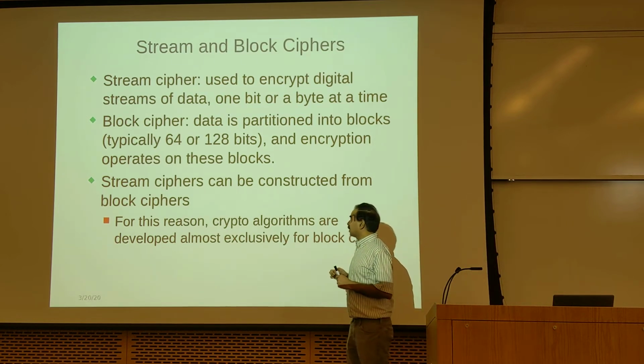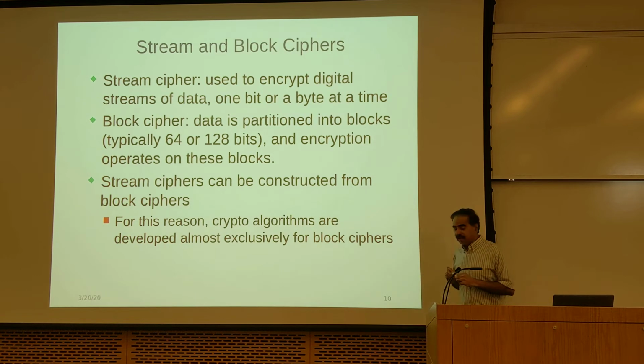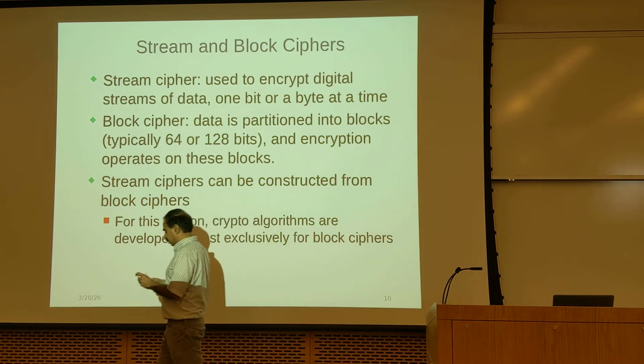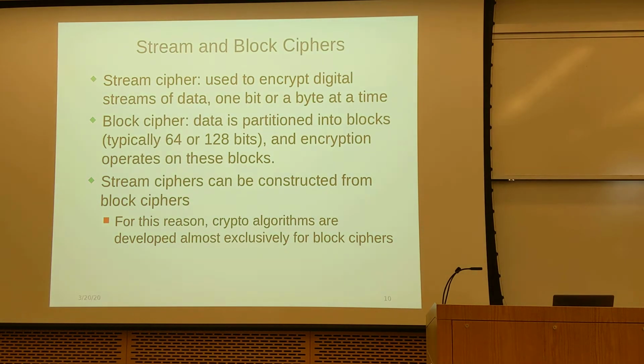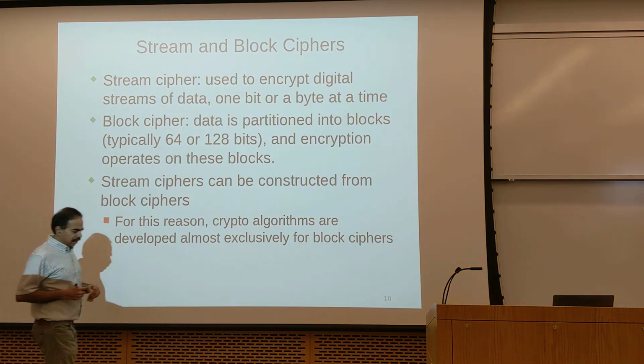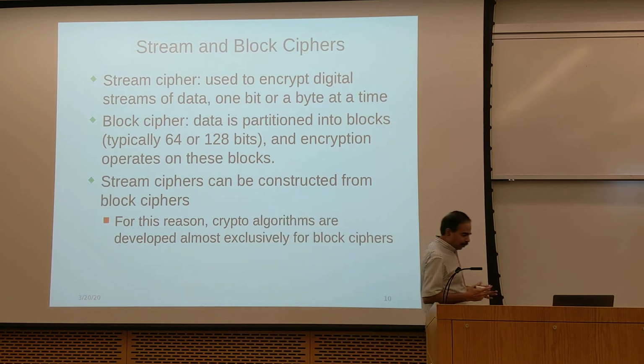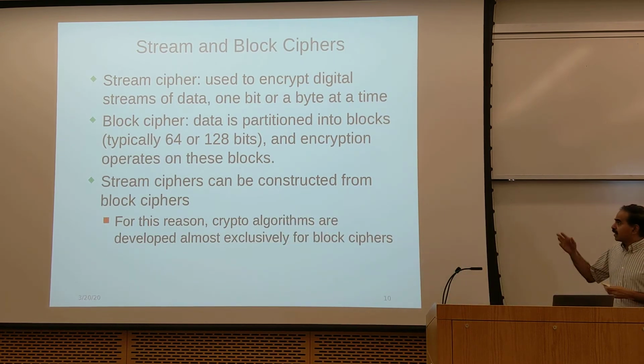Now, why do you have to use a different stream cipher? Why can't you take these block cipher algorithms and simply apply them to doing stream ciphers? Rather, what I'm asking is, what is the advantage of encrypting one big block at a time as opposed to, say, one character at a time?